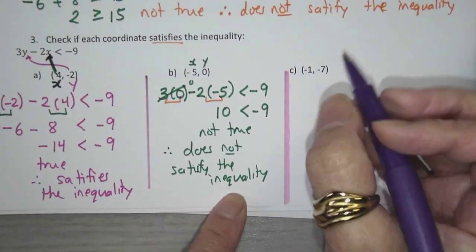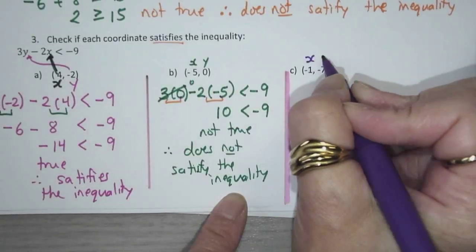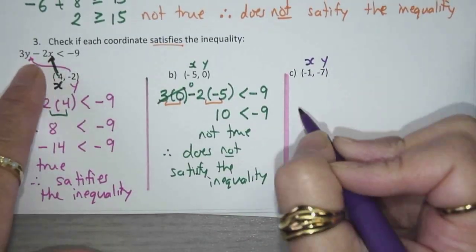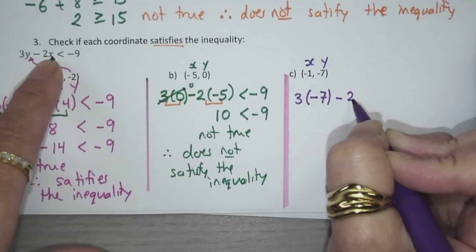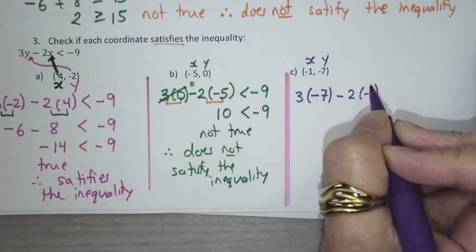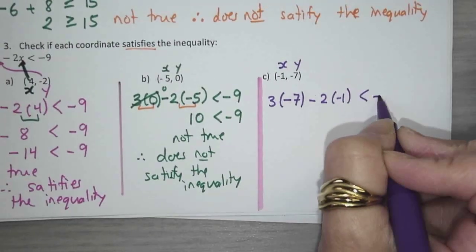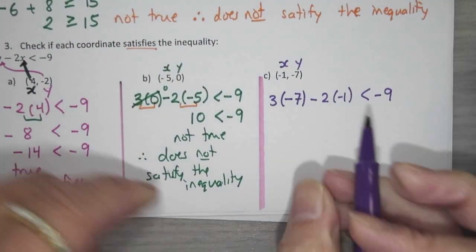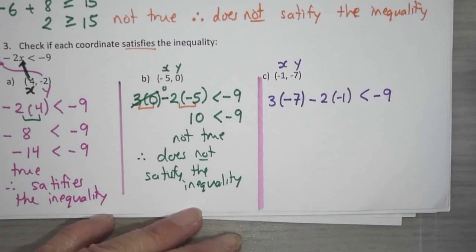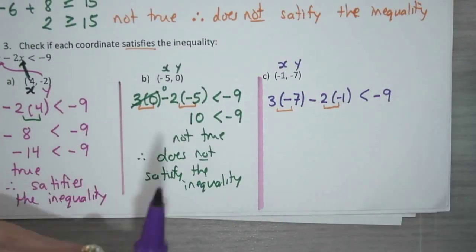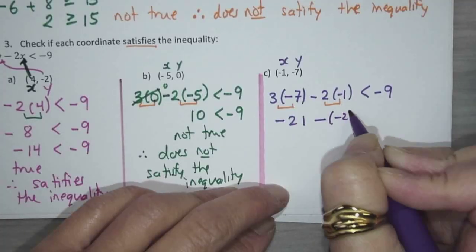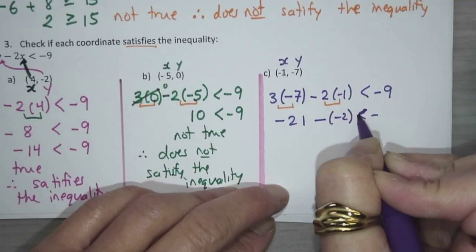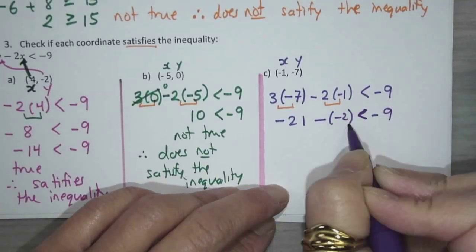And our last one: this is x and this is y, so you're subbing it in here. 3 times negative 7, because it's y, minus 2 times my x, which is negative 1, and you're checking less than negative 9. Multiply these first, order of operations. This will be negative 21 minus negative 2. You can do minus negative 2 is plus 2.